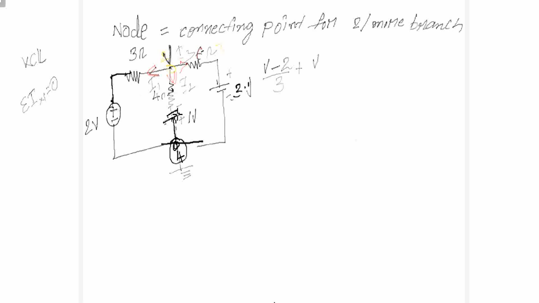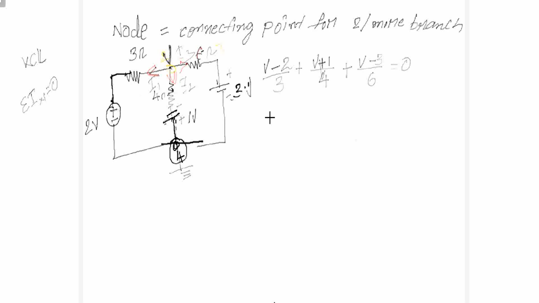V, it is seeing negative, so V minus 1 by 4, sorry, V plus 1 by 4. Then if it is at higher potential, it is seeing the positive of the 3 volts, so V minus 3 by 6, which is equal to 0.